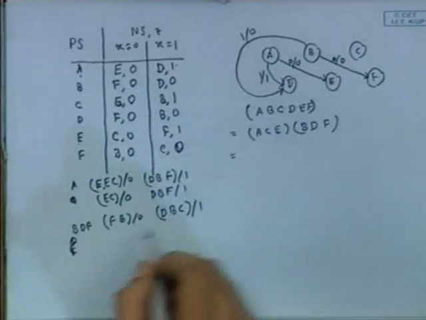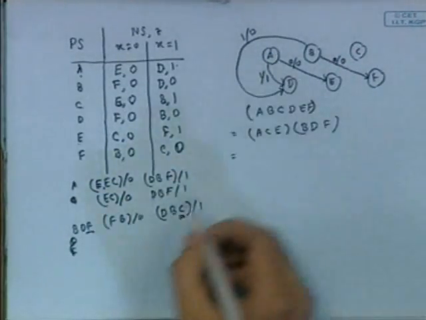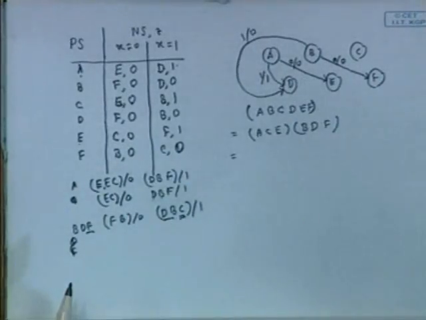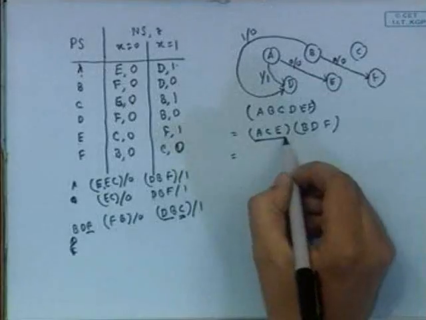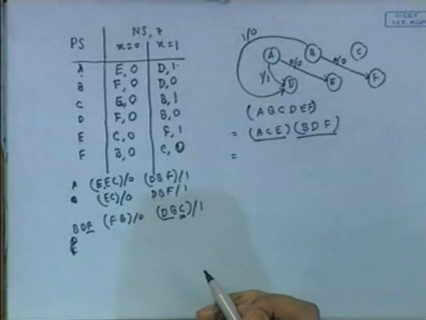But you see that for F we go to C, but C and D, B belong to different blocks in the previous line. Are you understanding?